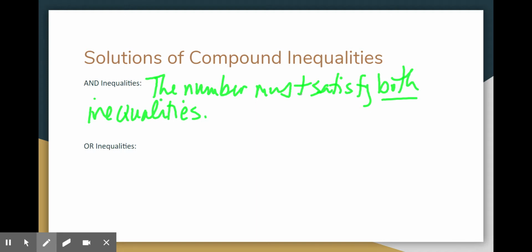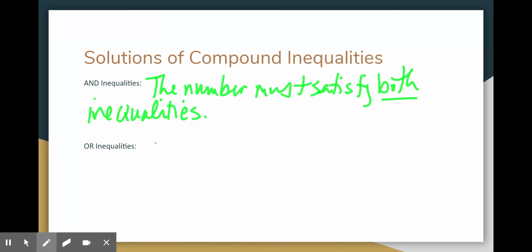If you show up with just the hamburger, I'm not going to be too excited about that. If you show up with just the hot dog, I'm not going to be too excited about that. Okay, I put that word "and" in the middle of hamburger and hot dog because I wanted both, right? So the number must satisfy both inequalities for it to be a solution of an "and" inequality.